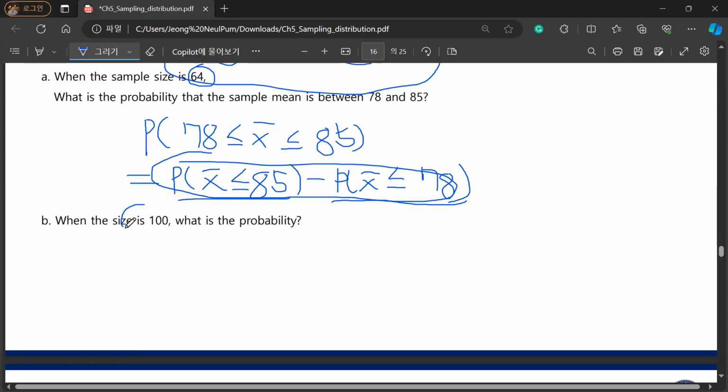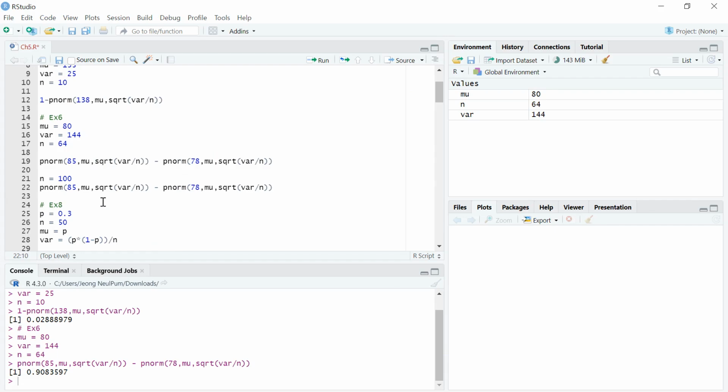And problem B asks, what if the sample size is 100? It is very easy, because what you have to do now is just modify the sample size. Just change the sample size value to 100 and run the same code again.